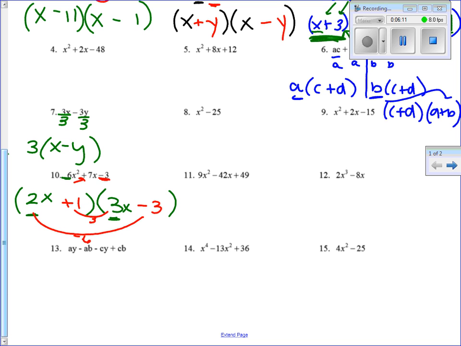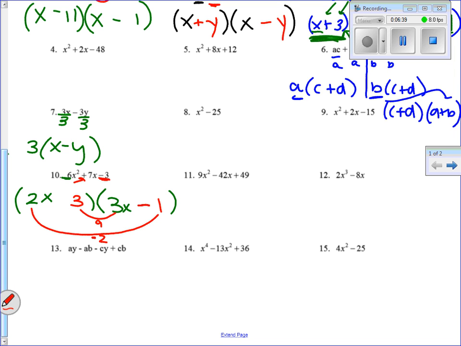So I'm going to go ahead and instead of doing the 3 at the back and the 1 in the front, I'm going to change them. So I'm going to change this to be a 3 and this to be a 1. So 2 times 1 is 2. 3 times 3 is 9. 9 plus 2 is not 7, but I could do 9 minus 2 to get 7, right?